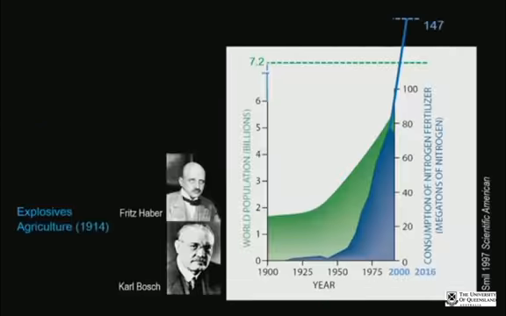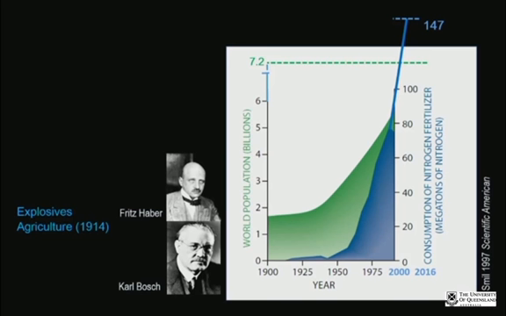Going back in time to the start of the 20th century, there were 2 people, Fritz Haber and Carl Bosch, who invented what you probably all have heard about, the Haber-Bosch process. The Haber-Bosch process allows the use of air dinitrogen and converts it into reactive nitrogen. It started around 1910, and then there was a steep increase in the production and consumption of reactive nitrogen.